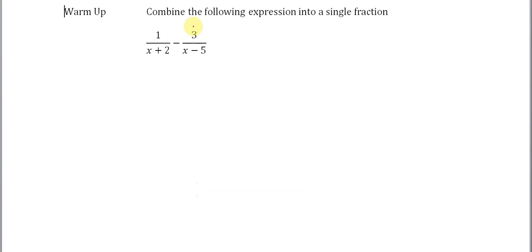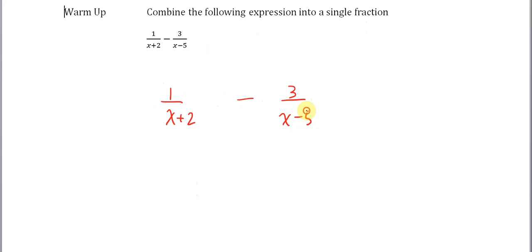So let's combine this into a single fraction. Right? So we want to get the same denominator. So we have 1 over x plus 2 minus 3 over x minus 5. If we want the same denominator, then let's multiply the first fraction by x minus 5 over x minus 5, and then multiply the second fraction by x plus 2 over x plus 2.